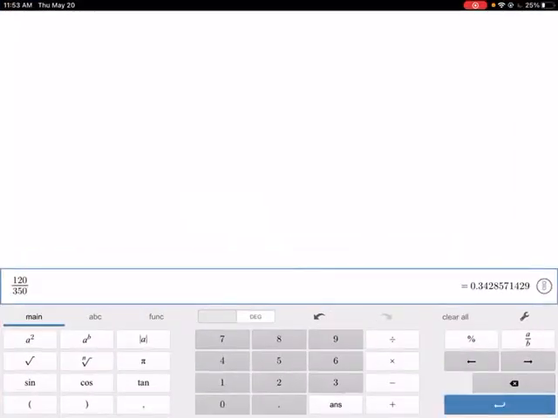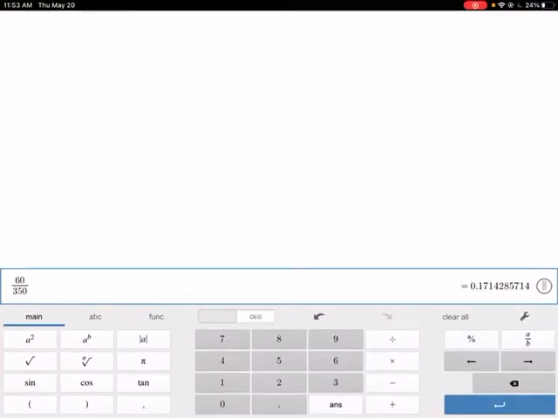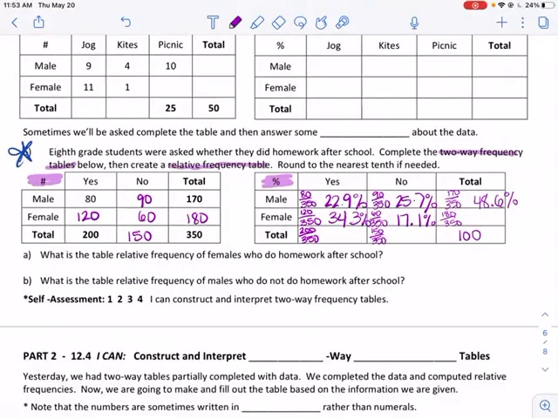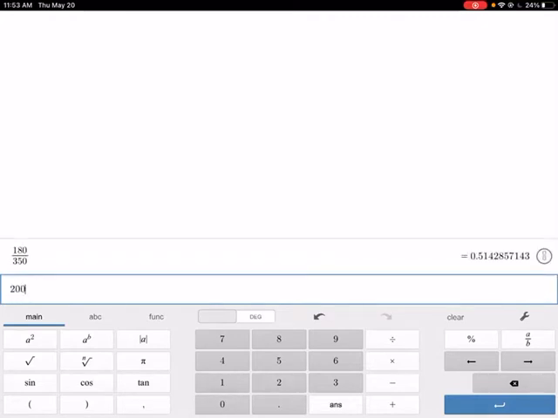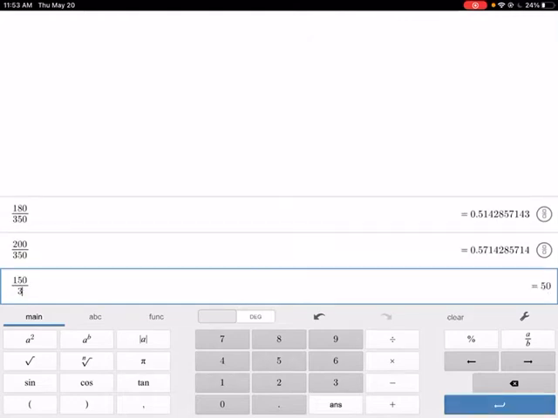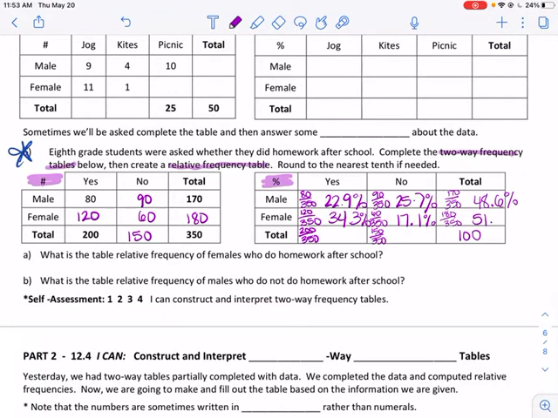Oh, 100, 200, and 150. I decided to do it this way. It was easier. Okay, 180 will be 51.4%. And that does add up to 100. 200 was 57.1%. 150 was 42.9%.